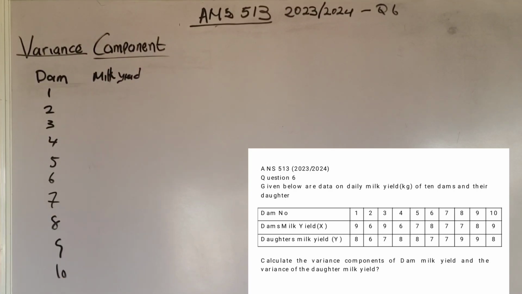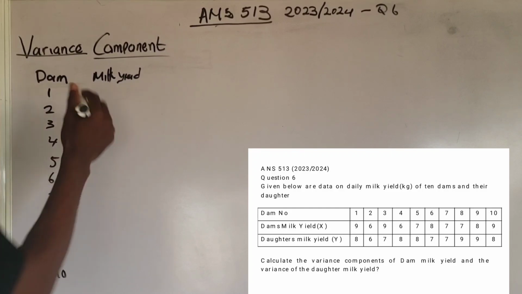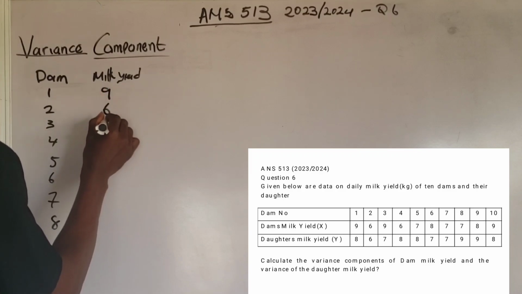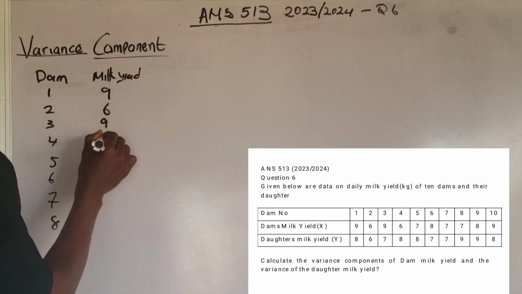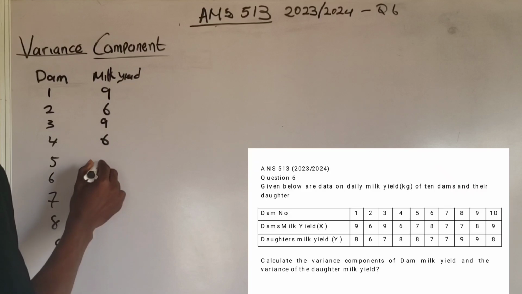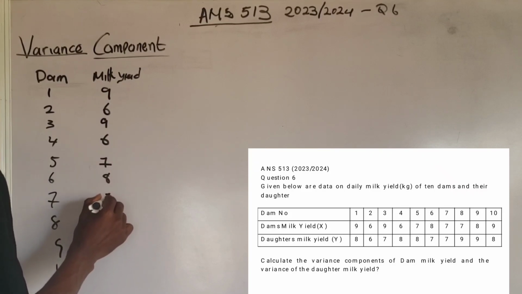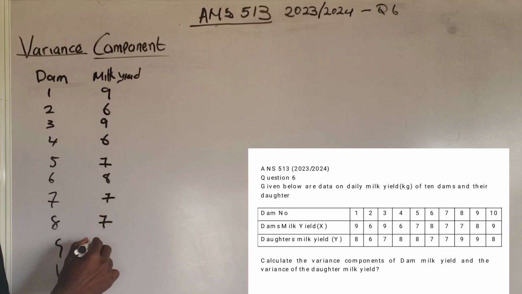So the milk yield for dam, we have 9, 6, 9, 6, 7, 8, 7, 7, 8, and 9.